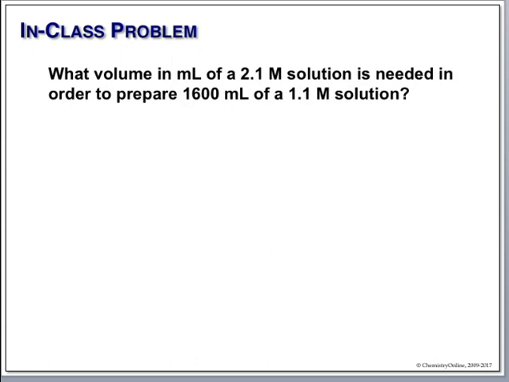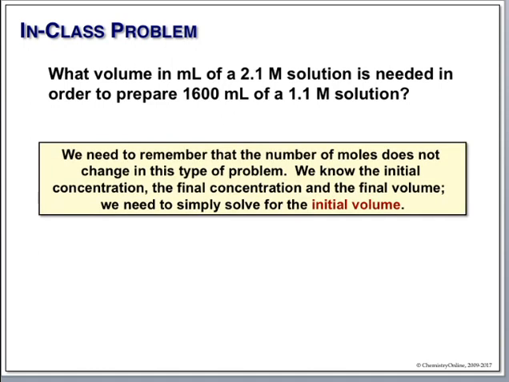We know C1, we know V2, we know C2. Concentration times volume is going to give us moles. Simply going to solve for V1. There's our equation. Solve this for V1.